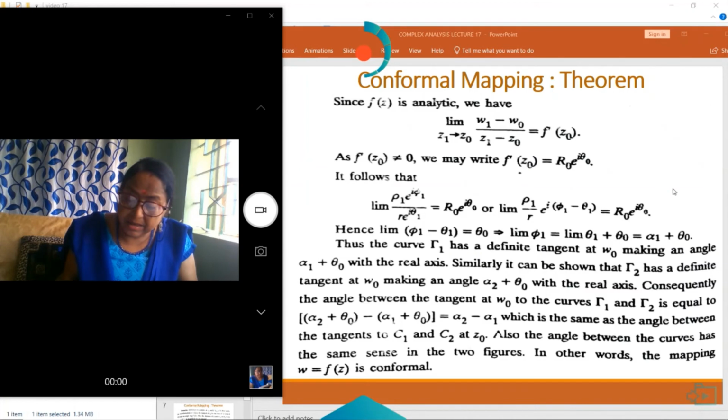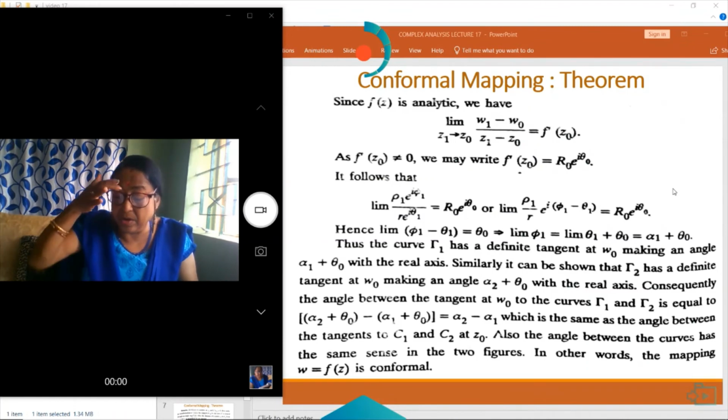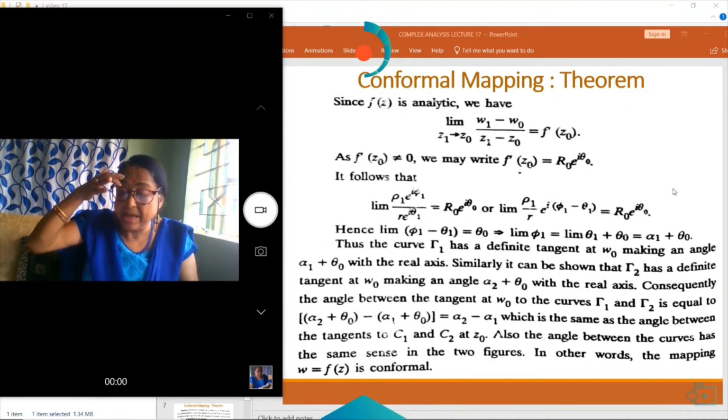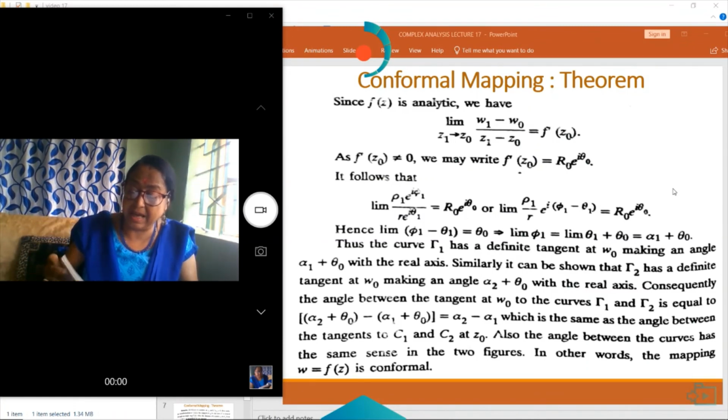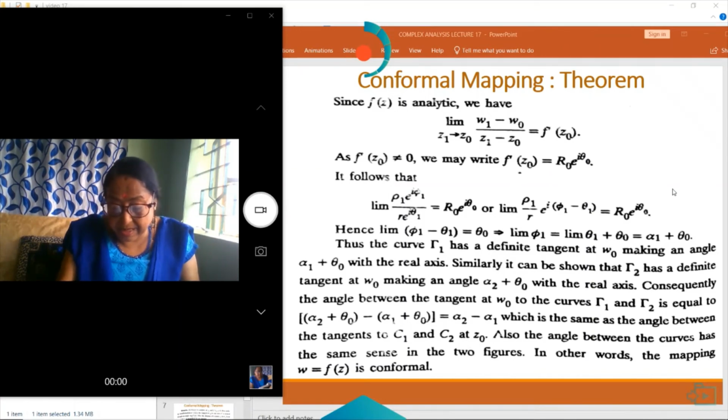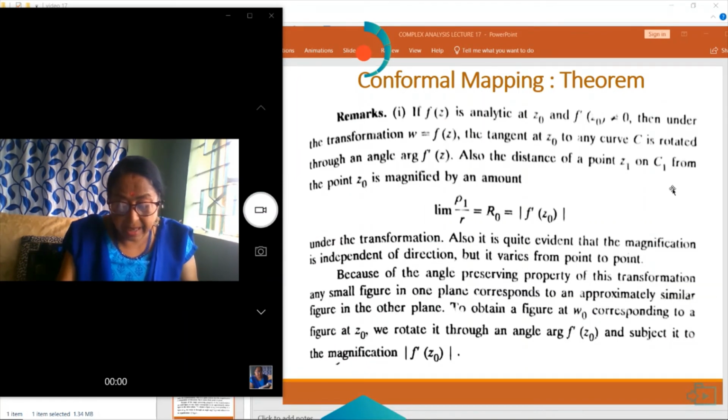In other words, the mapping w equal to f(z) is conformal because the angle is the same in the z plane as well as in the w plane. So, if f(z) is analytic at z0, then f dash z0 is not equal to 0.